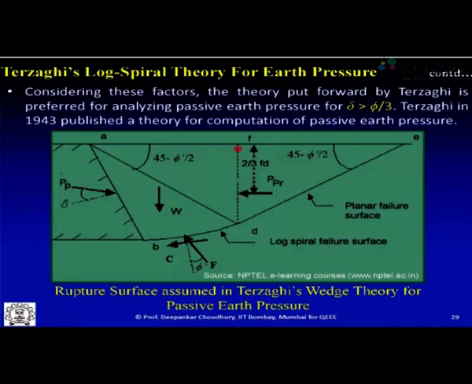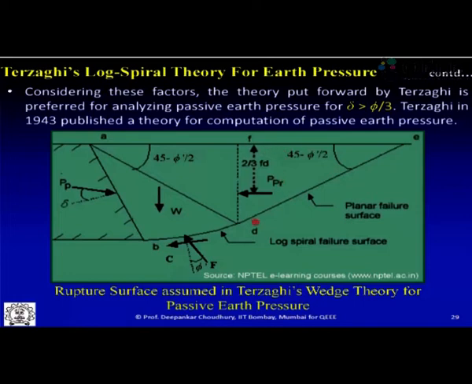That's what Terzaghi has assumed. And how this assumption is valid to some extent: you can say that this is a vertical wall. Smoothness, of course, has been assumed over here, though interface friction here will be nothing but equal to phi because it is the same soil. But this zone FDE is nothing but assumed as the Rankine passive zone.